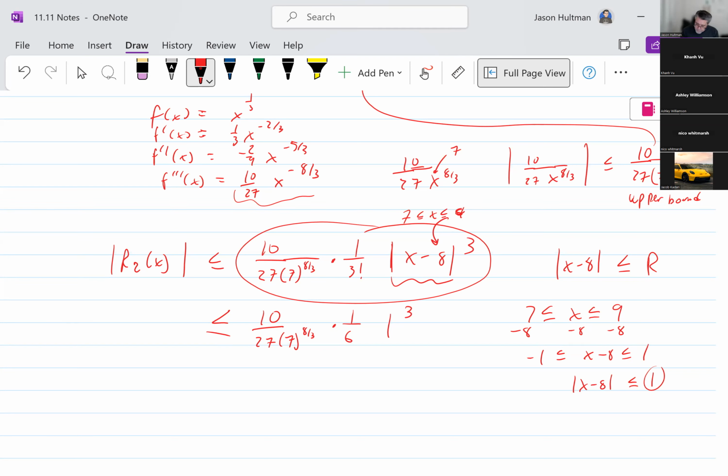And so now I have a number with no variables. I can say that this is less than or equal to, let me cancel this out, 5 and 3. This is going to be 5 over 81 times 7 to the 8/3 power.